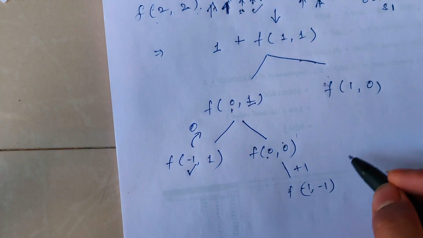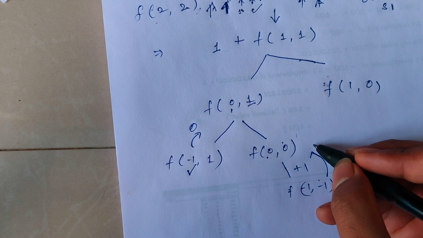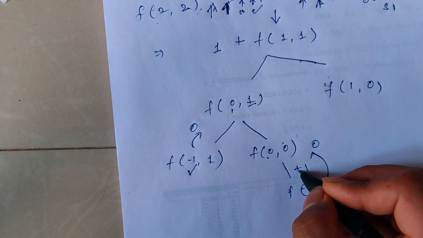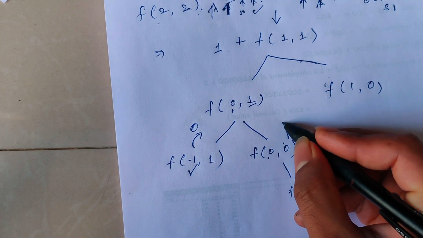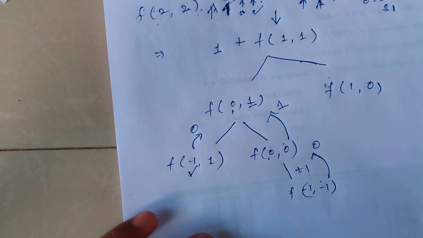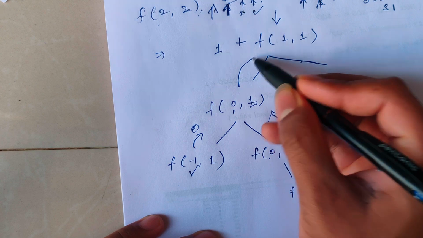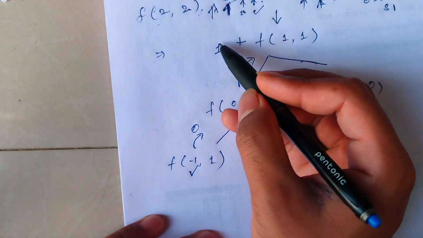Now both the strings are vanished, so it would return 0, and it was plus 1, so it is returning 1, right? So this would return 1.